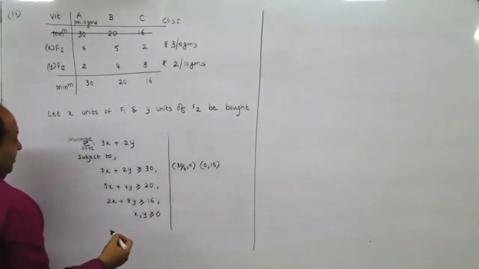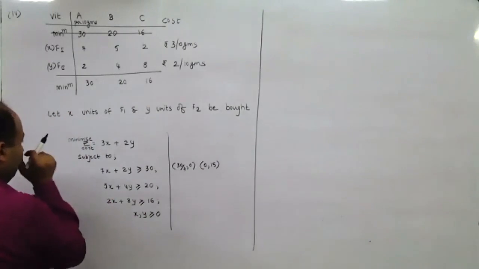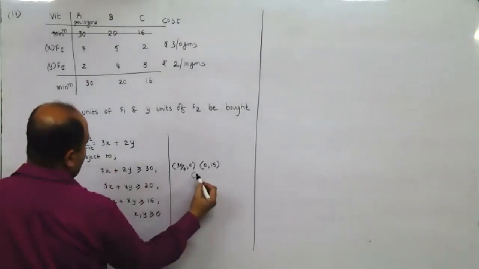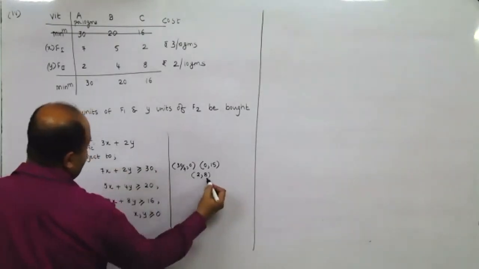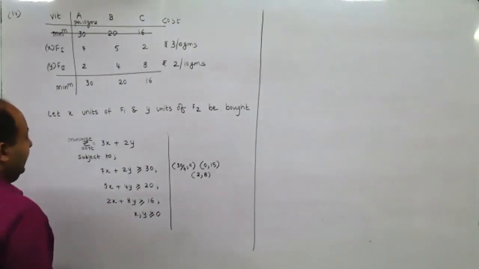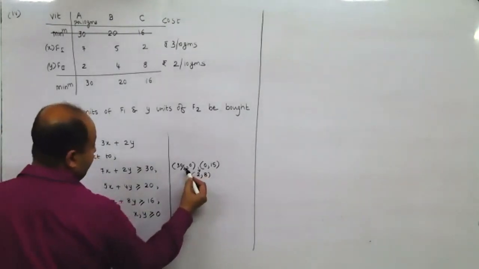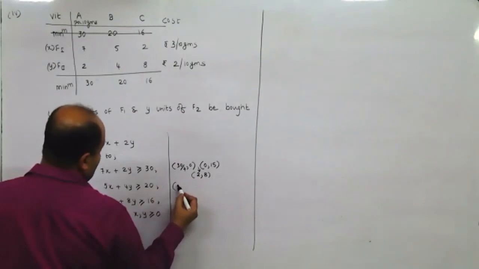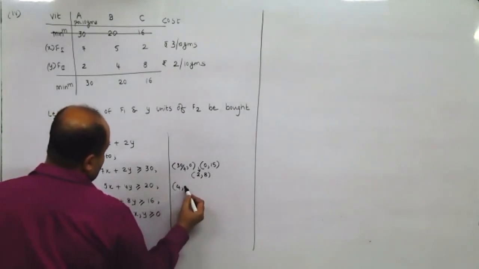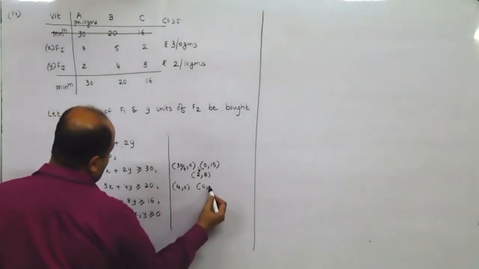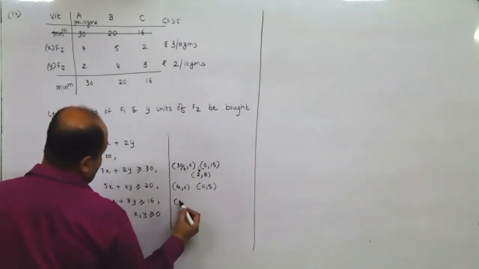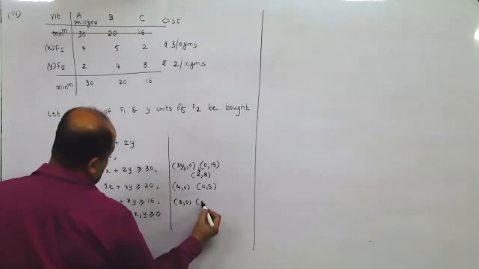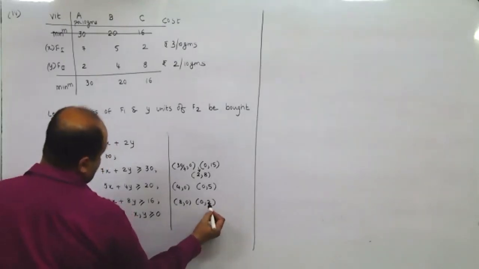If I want some value which satisfies both, I'll take x as 2. When I take x as 2, I get 14, then 16, y as 8. Similarly, here I'm taking this extra point because this is a fraction. x is 4, then y is 0 comma 5. Here x is 8, y is 0 comma 2.